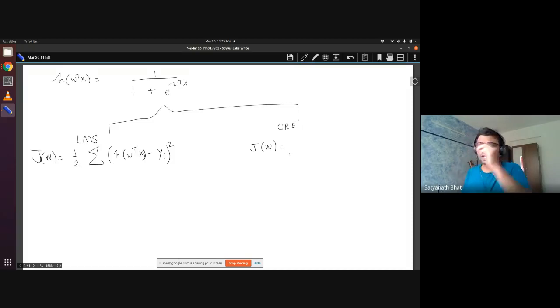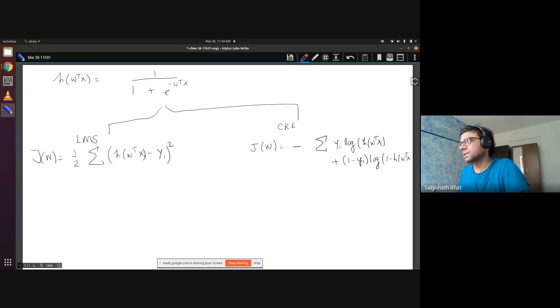Log likelihood typically you would like to maximize, so if you want to treat it as a cost, the best way is to use negative log likelihood. So that would be minus the summation of yi log h of w transpose xi plus 1 minus yi log 1 minus h of w transpose xi.